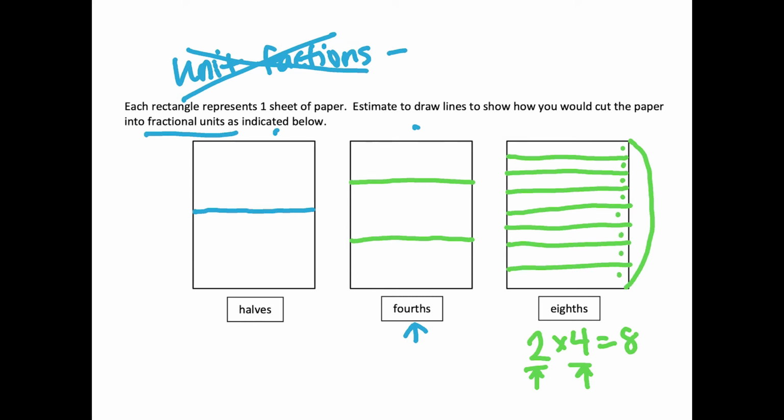So that really helps you partition these wholes even better if you can do it that way. If you can relate it to multiplication, so if you know that you're going to be drawing eighths, use your multiplication facts to help you partition these up. Okay, so that's just another trick to help us.